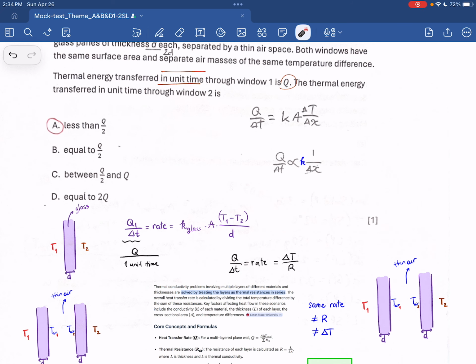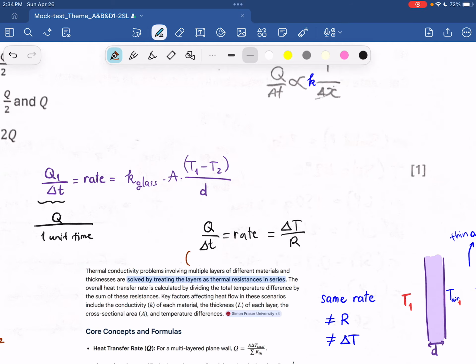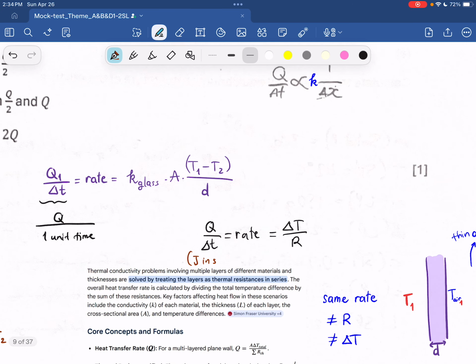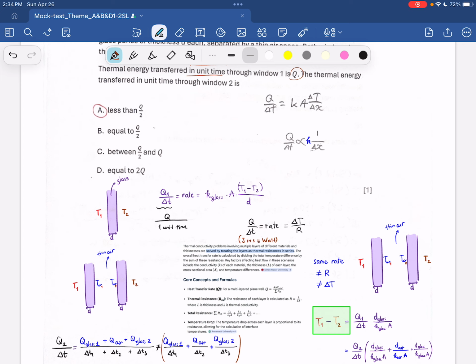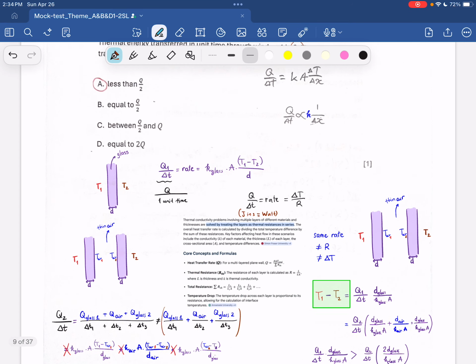So the Q itself here should be in which unit? It should be in watts, right? Yes. So basically it should be a rate, in the unit of watt, because that will be joule per second. For example, if we have the unit of time in seconds, then it should be watt, like the unit for power. Okay, so how can we solve this problem?